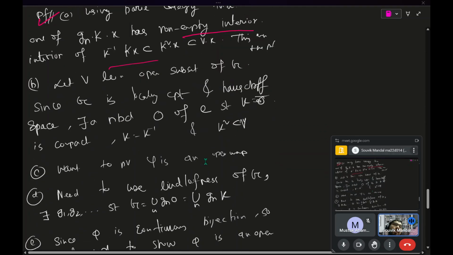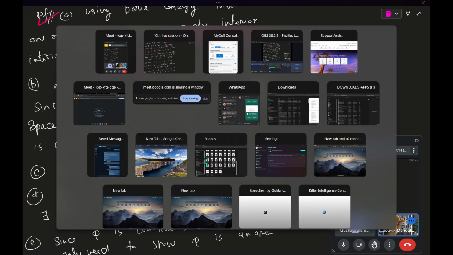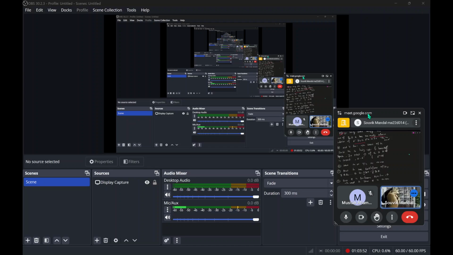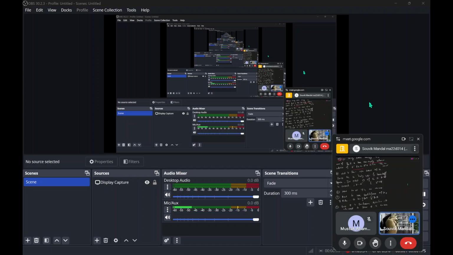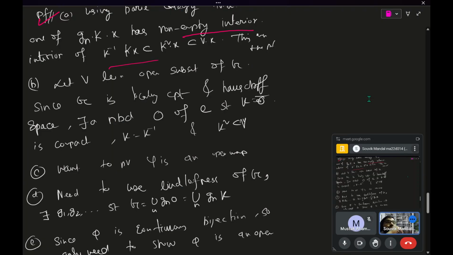Next, suppose W is an open subset of G. Since G is a locally compact Hausdorff space, there exists a neighborhood O of e such that the closure O' is compact.